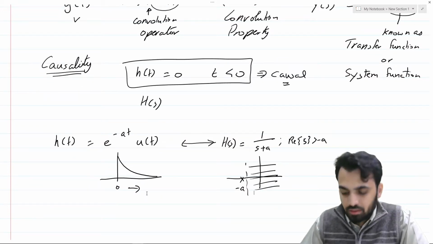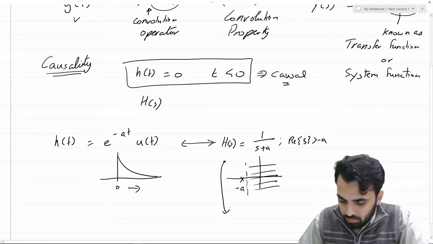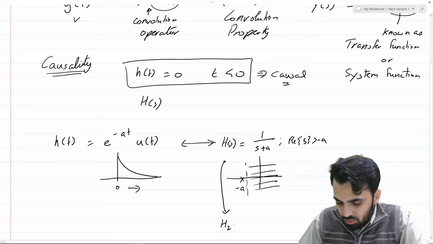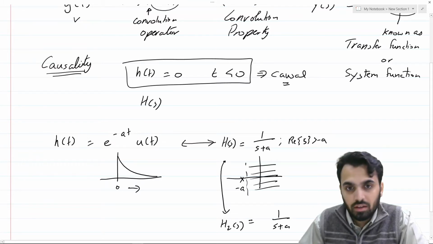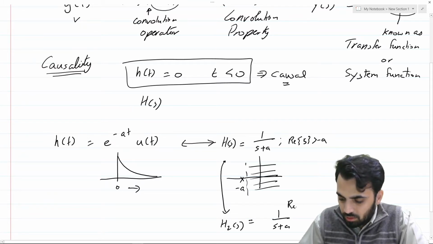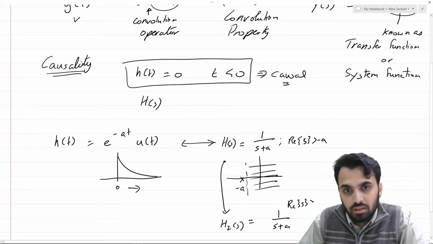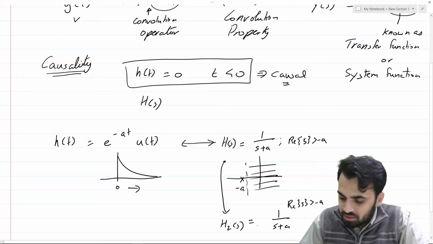But let us say we have another transfer function. This is h2 of s, and this is equivalent to 1 over s plus a, and again the real part of s is greater than minus a, but this time we are multiplying it with e raised to power s.